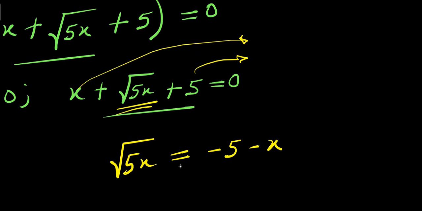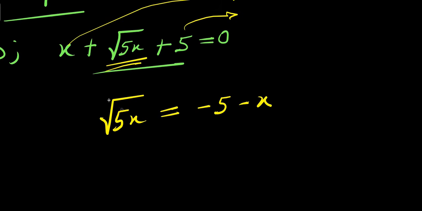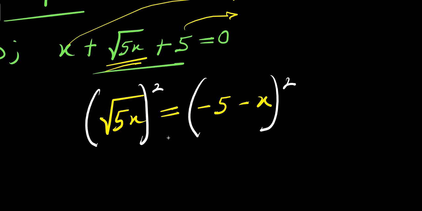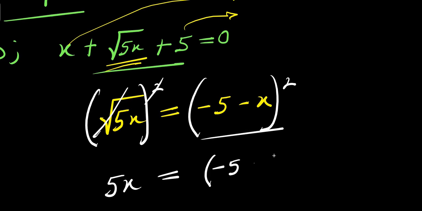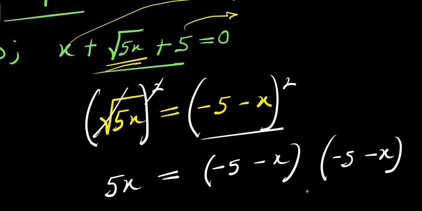So at this particular point in time, we are going to take the squares of both sides of this equation. So we take the squares, raise this to the power of 2, raise this to the power of 2, this cancels this. So this is 5x equals negative 5 minus x times negative 5 minus x.